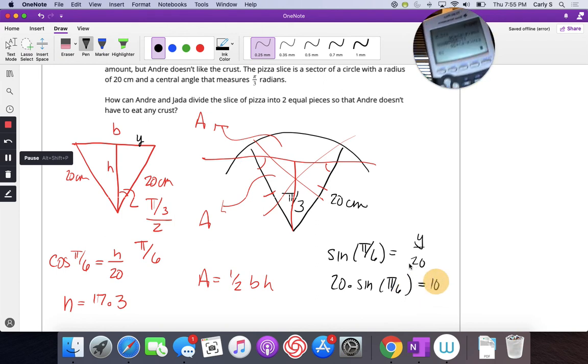If you look right there. So that's 10. The whole thing is 20.